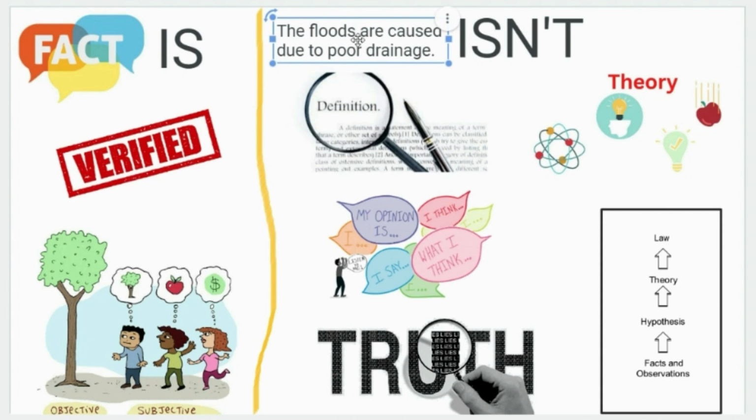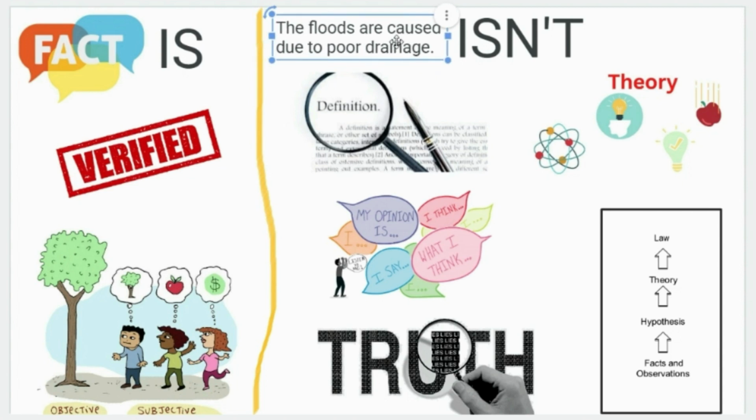Now, what do I have to do to prove this is true? Evidence. And I should show that the floods are caused due to poor drainage and not any other reason. If there are other contributing reasons too, then I cannot simplistically state that poor drainage is the only cause for the floods.